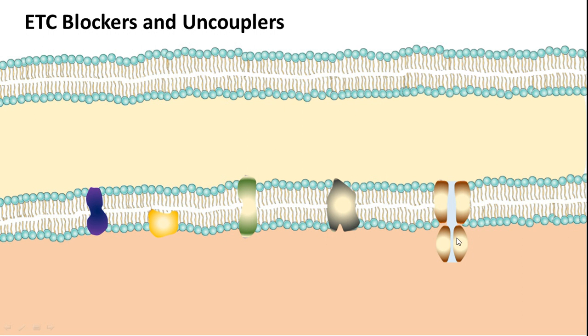Another very important concept is electron transport chain blockers and uncouplers. We will continue this discussion in the next class. I hope you got the point of how the electron transport chain is coupled to oxidative phosphorylation, the proton gradient generated in the electron transport chain, and how this proton motive force is utilized by the ATP synthetase enzyme system to obtain ATP from ADP, which is what we have seen today.